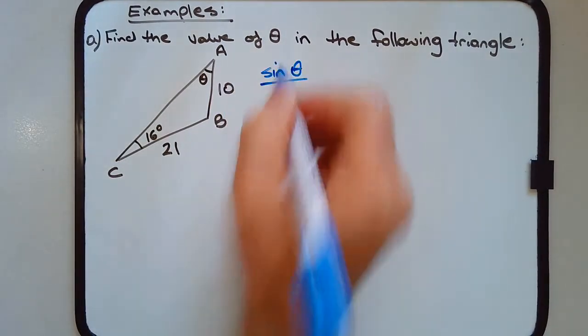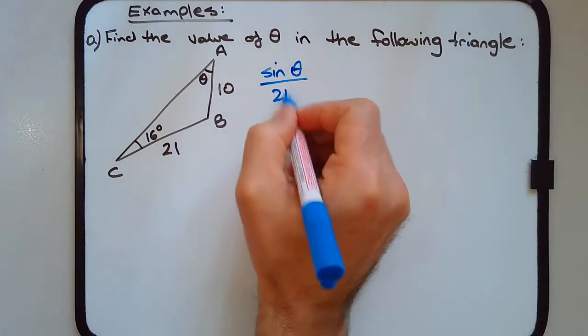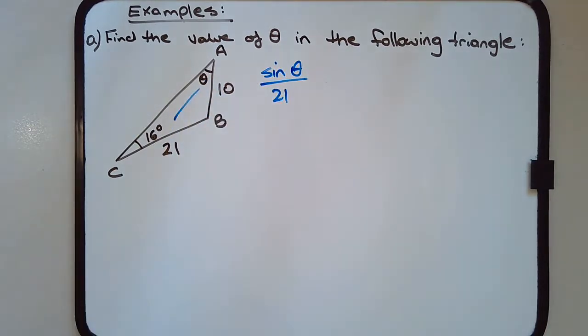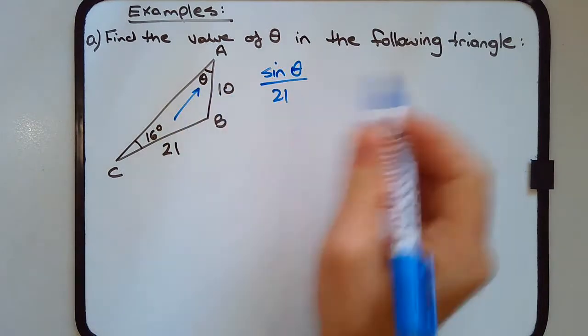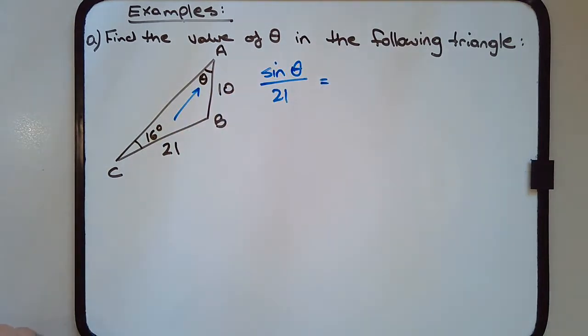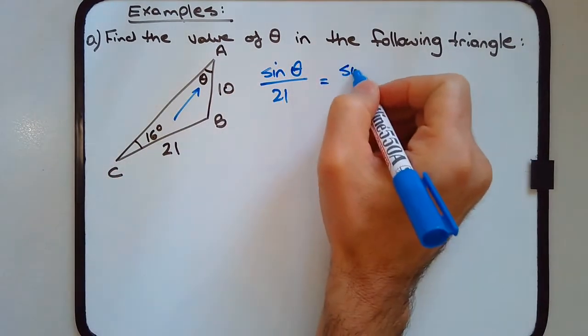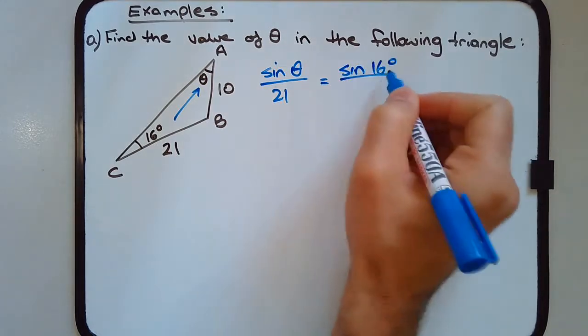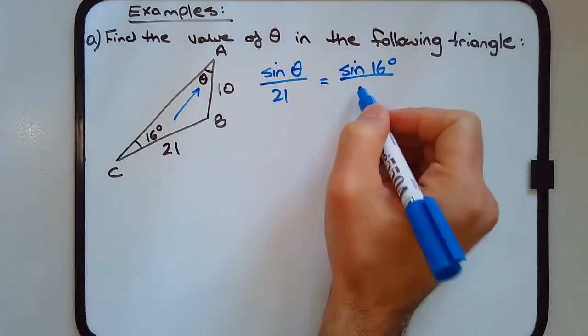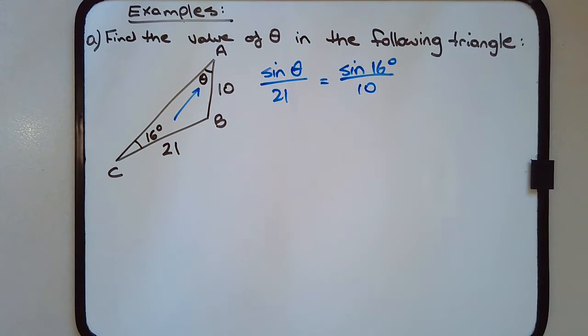By the sine rule, sine theta over 21, the side angle pair there, is equal to sine of 16, the known side angle pair, over 10. Once you've got that, the rest is quite straightforward. Just solve this now for theta.